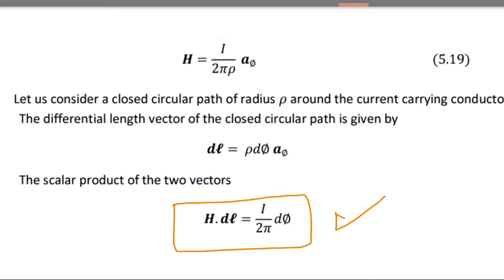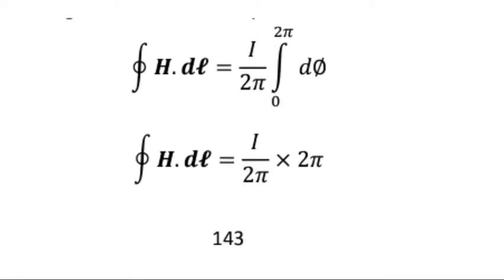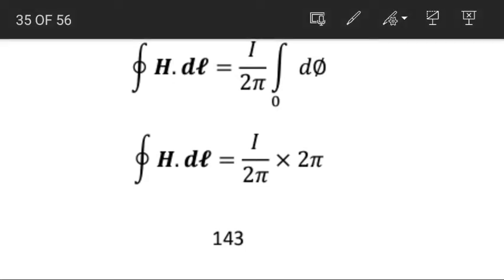So let us integrate the magnetic field intensity around this closed path. The integral of the magnetic field intensity around the closed path will be equal to I by 2 pi, the integration from 0 to 2 pi of d phi.